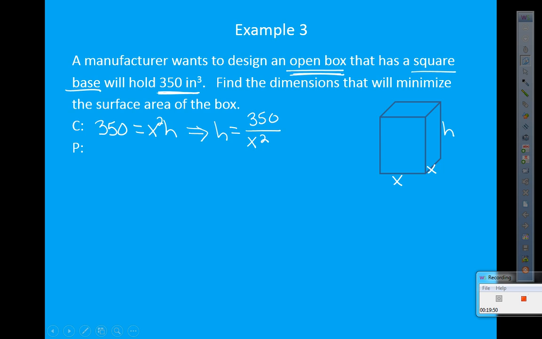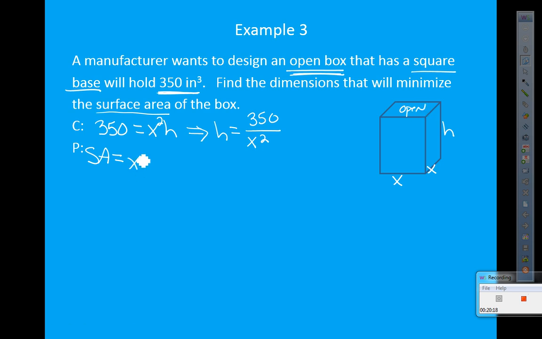Now for my primary equation. Find the dimensions that will minimize the surface area. So for my primary equation, I've got to get an equation for the surface area. So see if all this makes sense. I've got the base, which will be x times x, and the top is open, so I'm not going to double it.